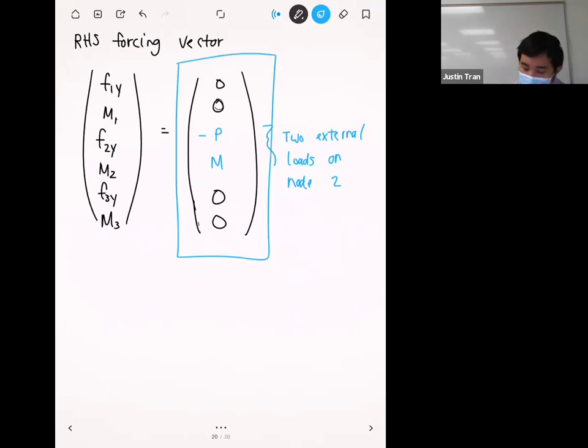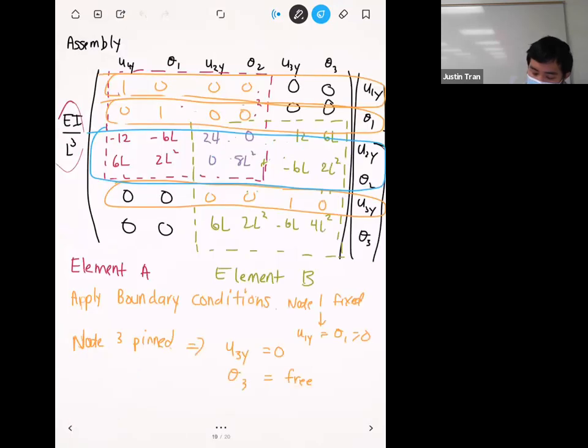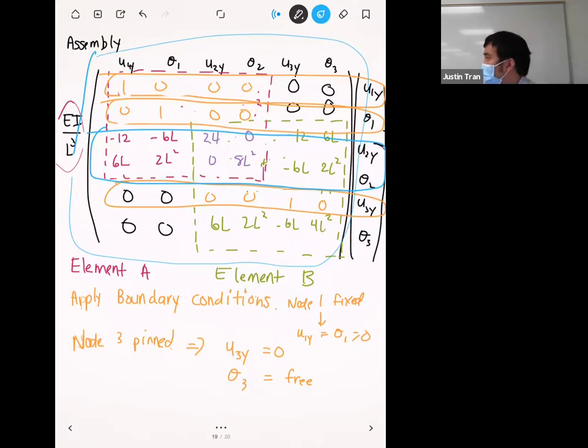First we have our forcing vector, and then the other deliverable from this problem is the global stiffness matrix, which is what we got here. And so once these two matrices and vectors are set up, then you're good with all the setup. Because at this point, you would turn it into MATLAB, or whatever other computer software you use to solve equations, and then you can solve for the deformations.